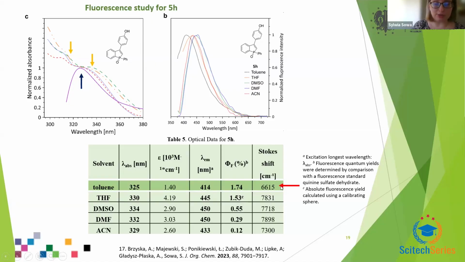When we go to the more polar solvent, the shift of the emission bands is visible, a bathochromic shift, but the fluorescence quantum yields are decreasing because of the non-radiative decay.